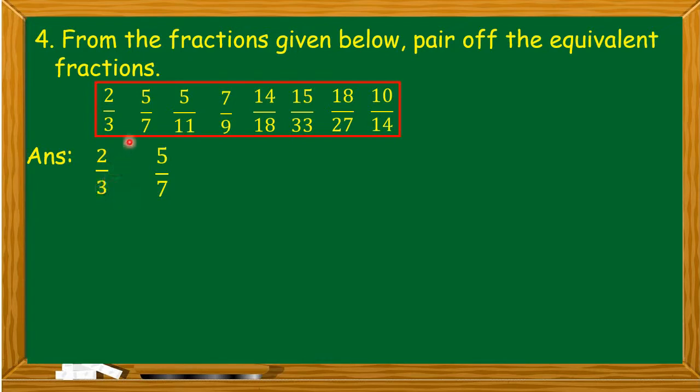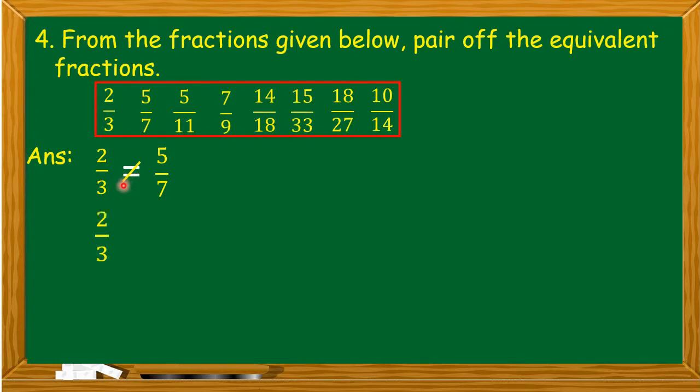Compare it with the second fraction 5 upon 7. Now look at the numerators of these two fractions. Here 5 is not the multiple of 2. Therefore, these two are not the equivalent fractions.